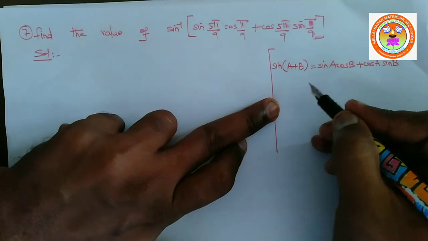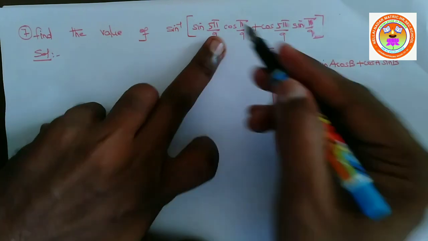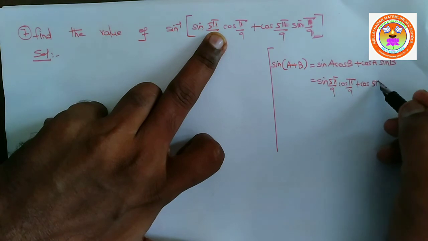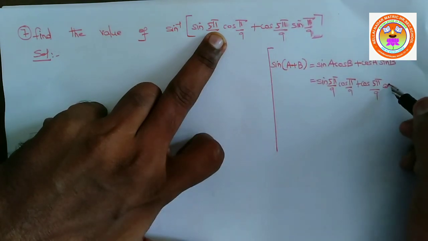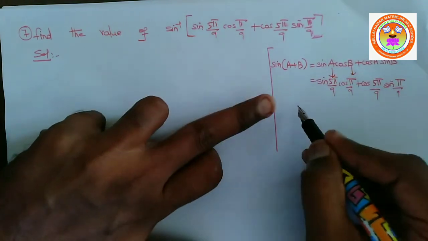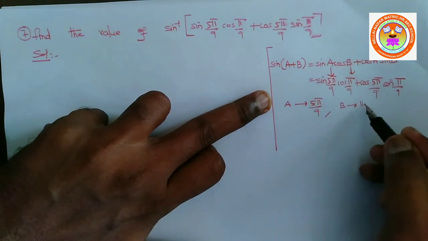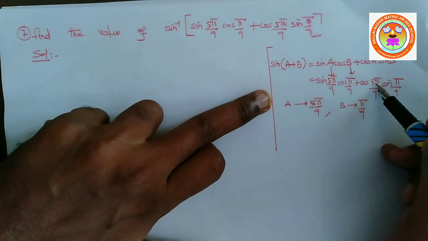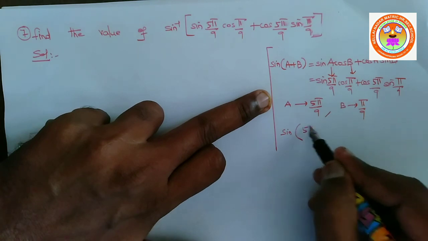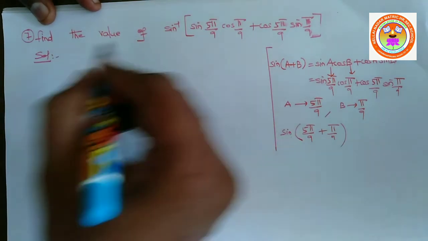What is given in the question? sin 5 pi by 9 cos pi by 9 plus cos 5 pi by 9 into sin pi by 9. So you can compare: a is 5 pi by 9 and b is pi by 9. Therefore sin(a + b) is sin(5 pi by 9 plus pi by 9), so we can apply this formula here.